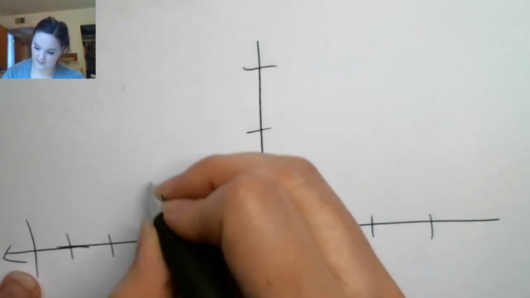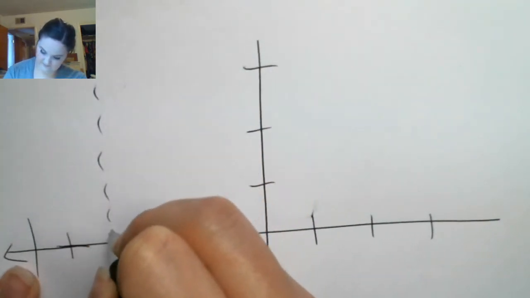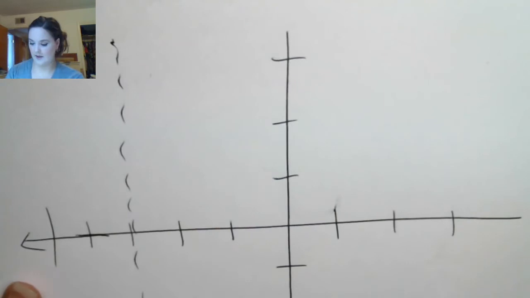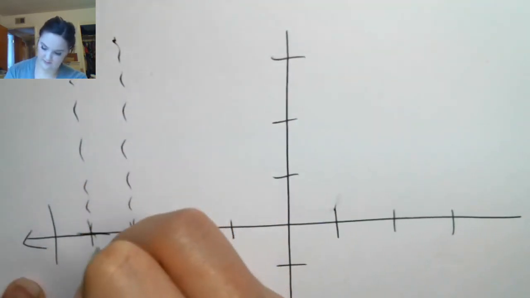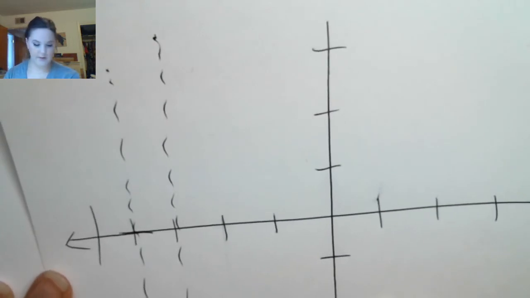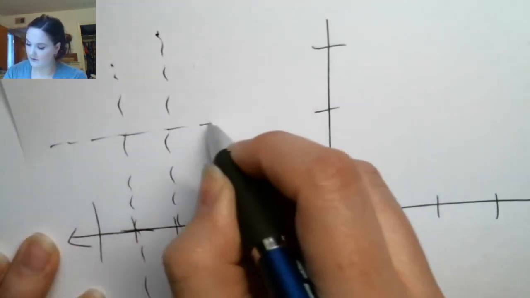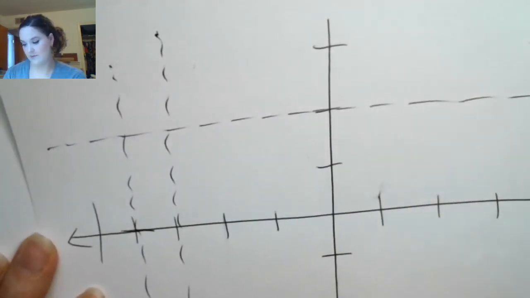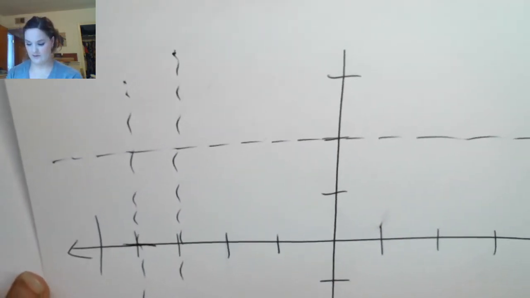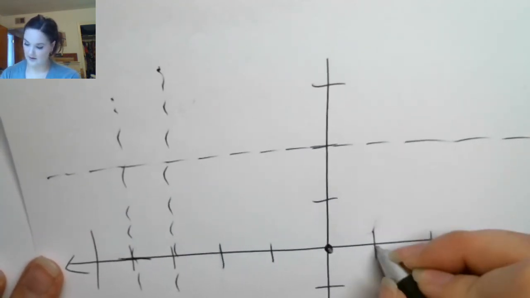My vertical asymptotes were at -3 and -4. They're close together, that's okay. And my horizontal asymptote was at y equals 2. My intercepts were the origin and 2, 0.